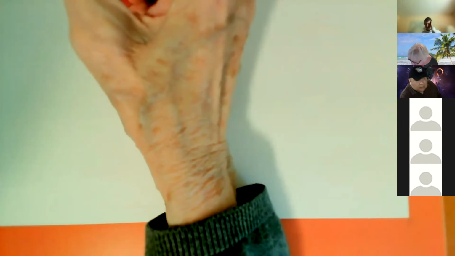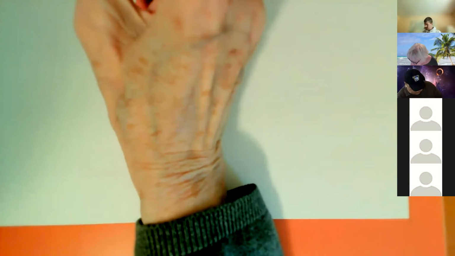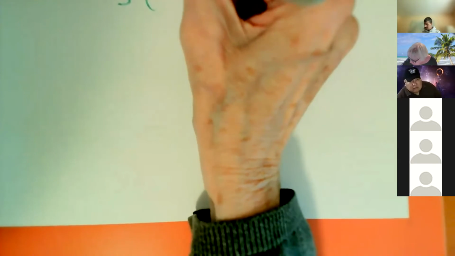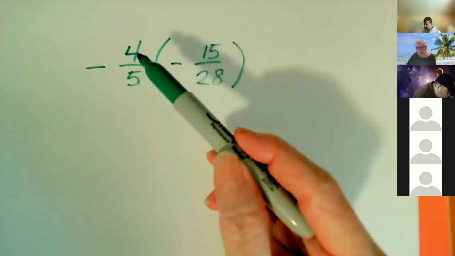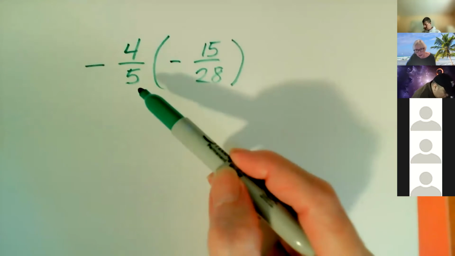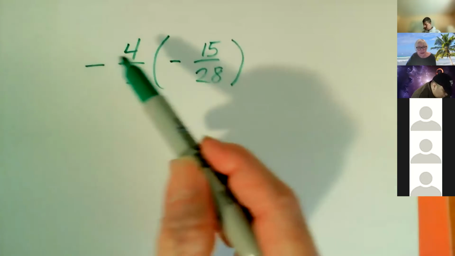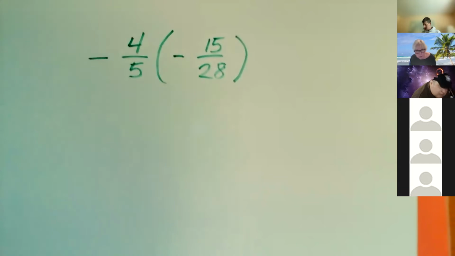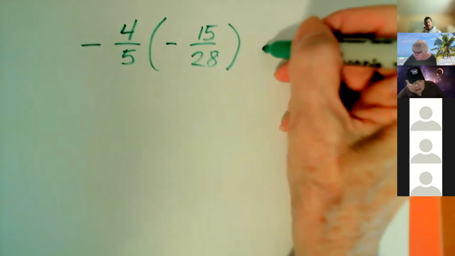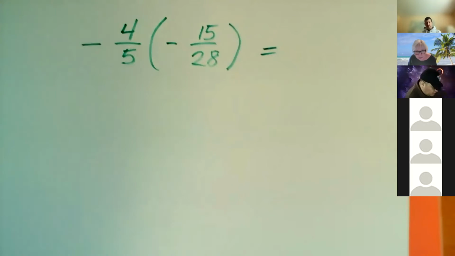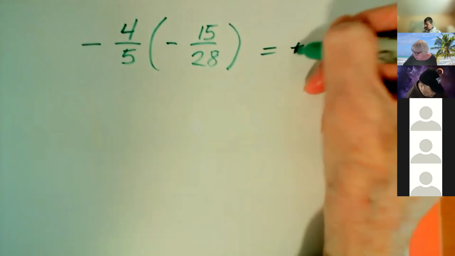Now, here's a cute one for you. This one involves both multiplication and division. The good news is that multiply and divide use the exact same rules. So the fact that there are two negatives multiplied means that this number is going to be positive.